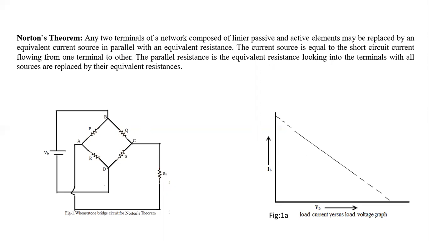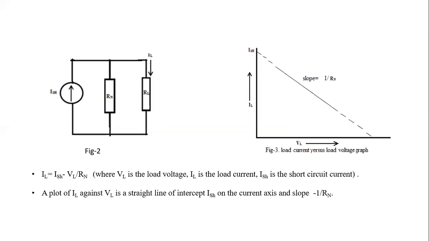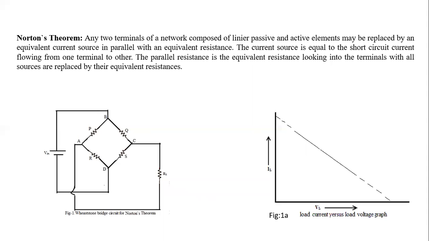Now we'll see how to measure the equivalent current and the parallel resistance. The magnitude of the current source, that is ISH here, will be equal to the current measured when the load terminal is short circuited.